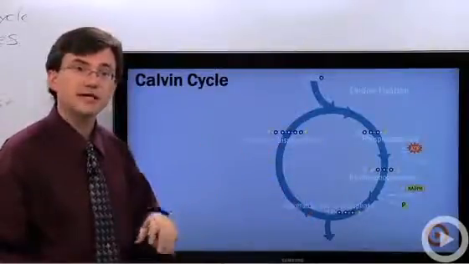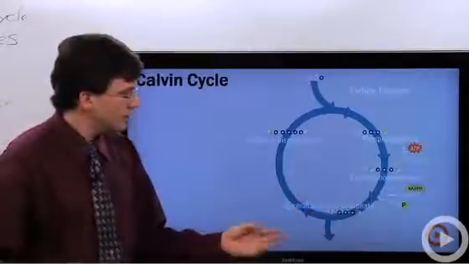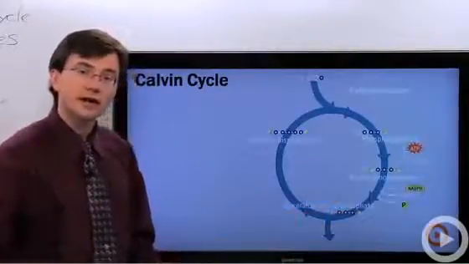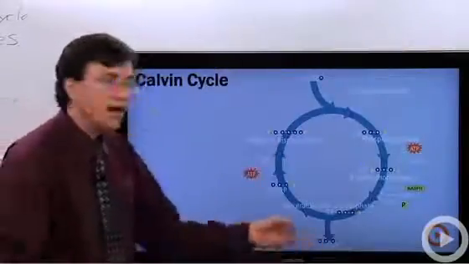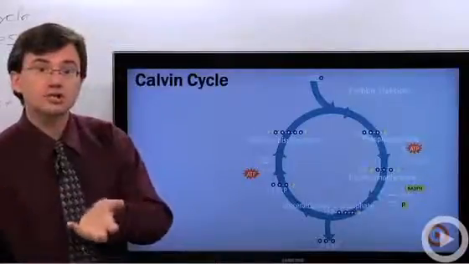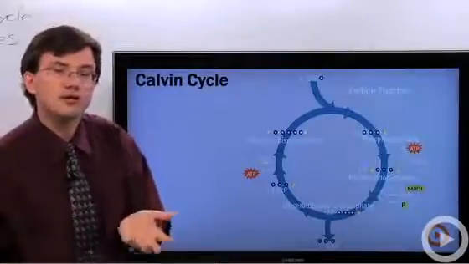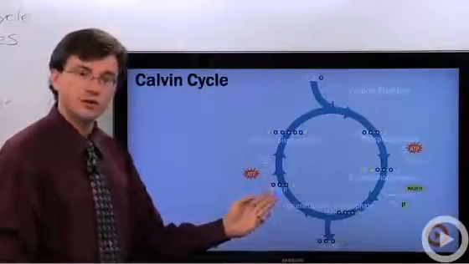But that does mean that I can skim off 6 of my 36 carbons down here. And how can I do that? Hey, if I take 2 of these glyceraldehyde 3-phosphates, or G3Ps, and ram them together, I can actually make glucose, or any other sugar, or I can use it to build most of the other sugars with some modification. That leaves me with 10 of them left over.